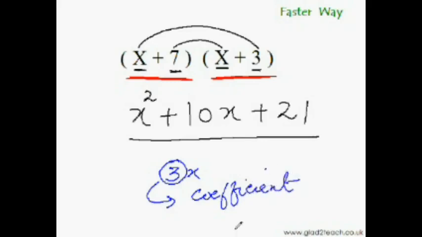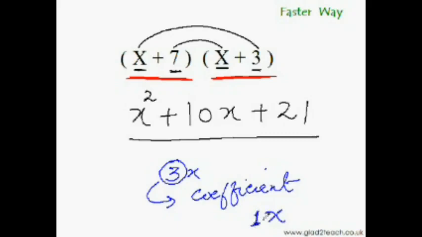Coefficient. All right. If I write this term x, okay, just x, no number in front, and if I ask you, can you tell me what would be the coefficient of this term, that is x? Can you tell me? Well, did you say 1? Absolutely correct. There is an invisible one. Okay.